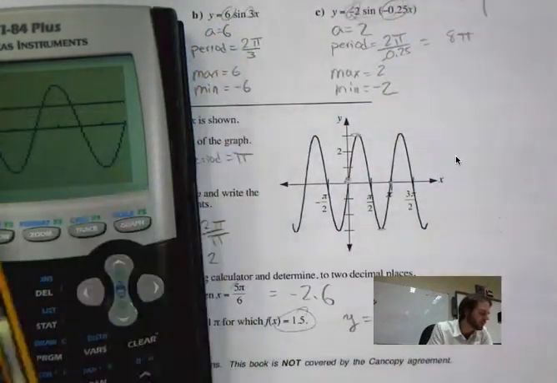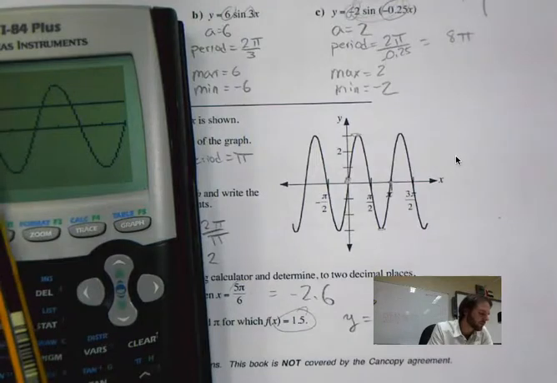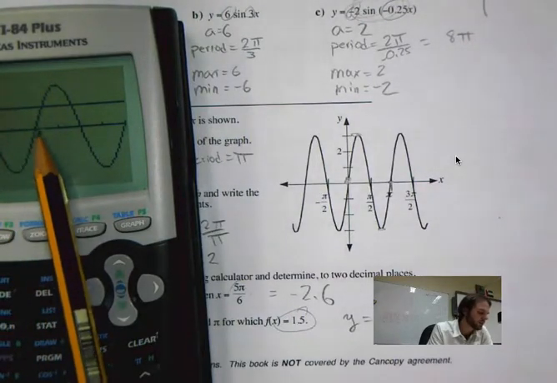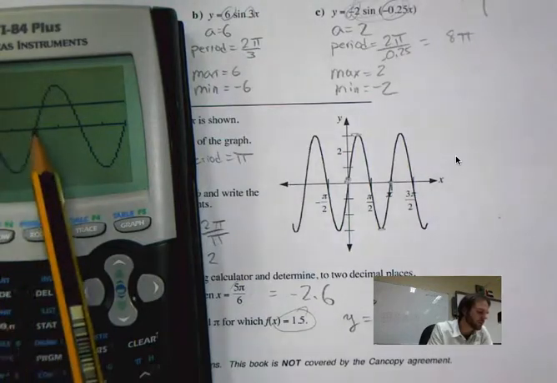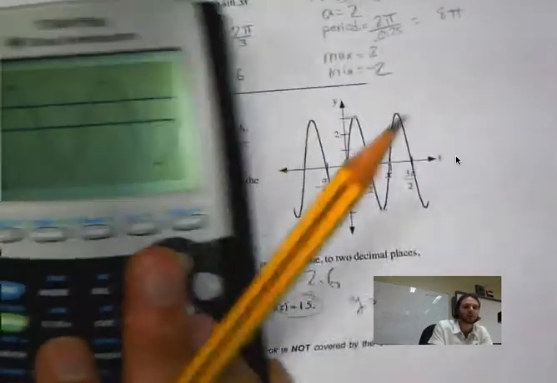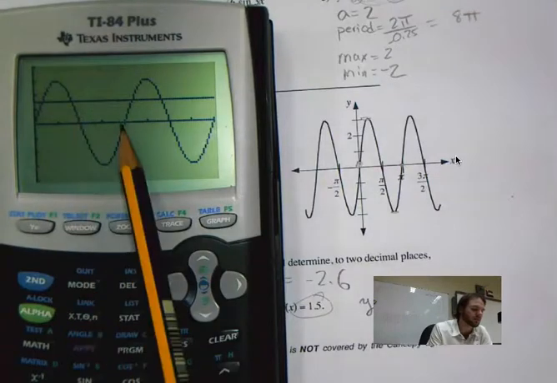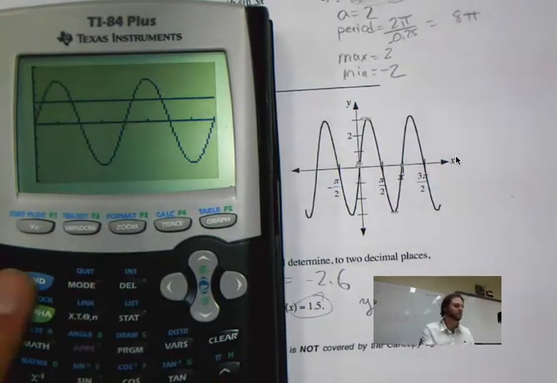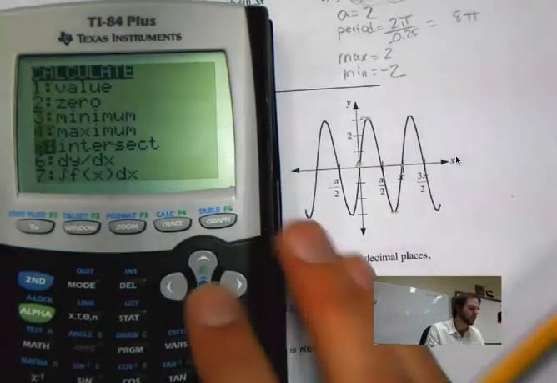So we graph, pi over 4, pi over 2, and so on. So pi is going to be right there. So we want between here and here. And we know my period's pi. Okay? So it intersects twice over there. So we have to calculate my intersects.